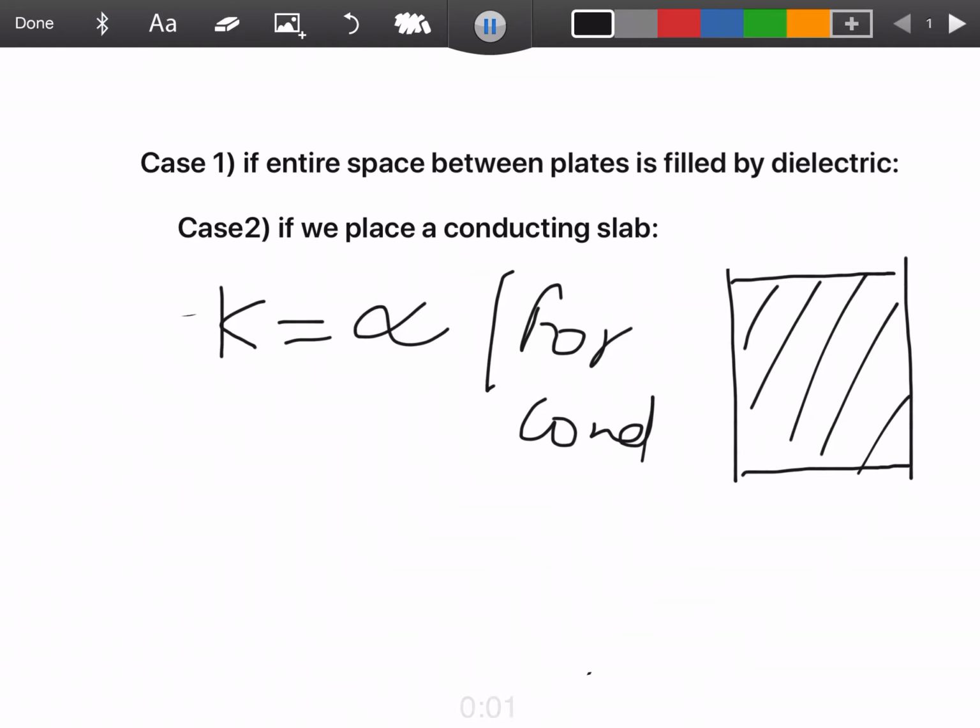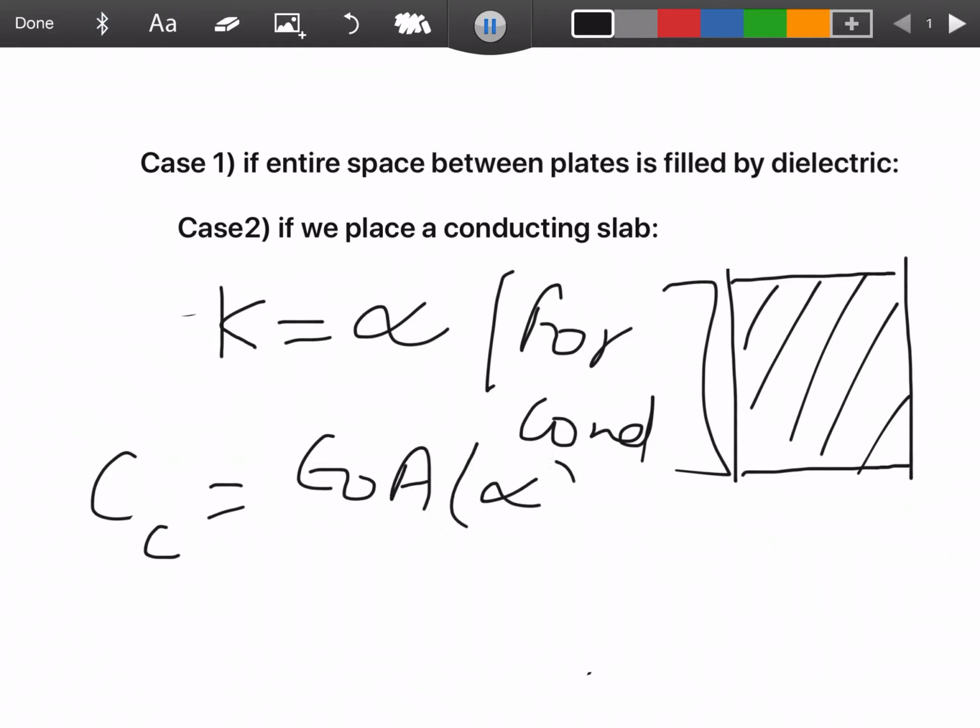Now for conductors, when K is equal to infinite, our formula for capacitance with conductors, C_c, will become equal to epsilon naught A into K. Now what is K? K is infinite.